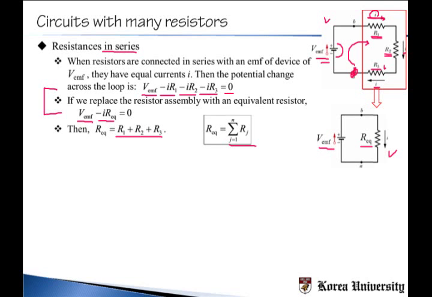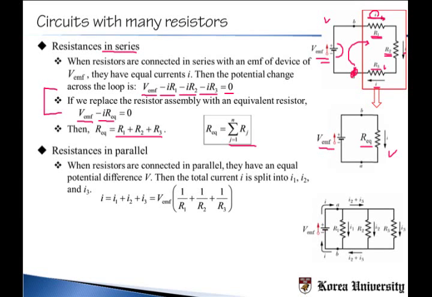Okay, and then let's try to think about a different type of connection, which is the connection in parallel. And here what we mean by the connection in parallel is just like here. So now the resistors are not forming a single loop, but they are connected side by side. Okay, so in this case, try to think about the junction rule or the current law, which says that when you have a node or junction, the current coming into the node is equal to the current coming out of the node.